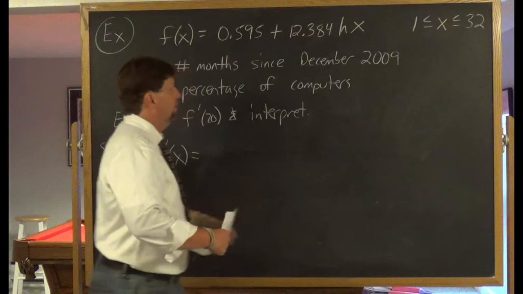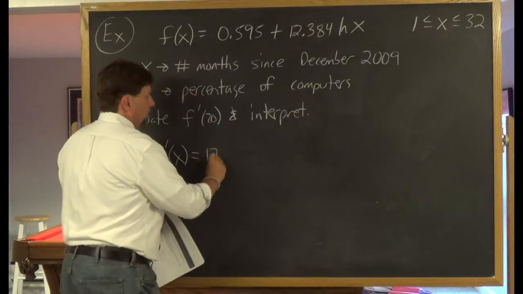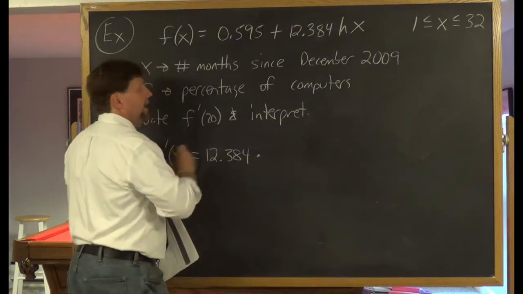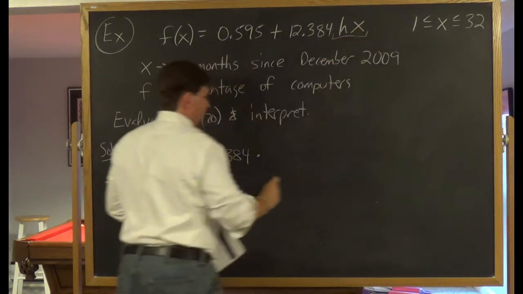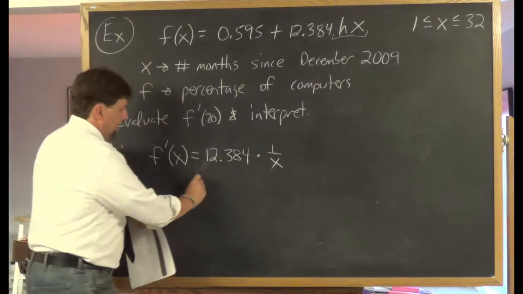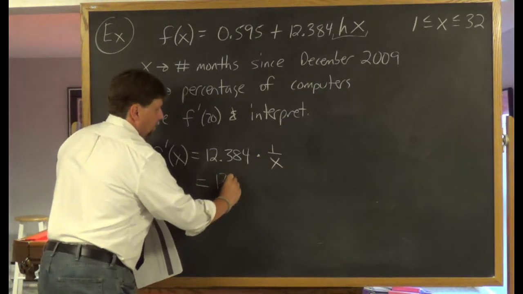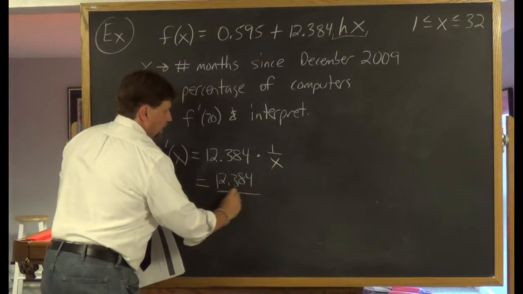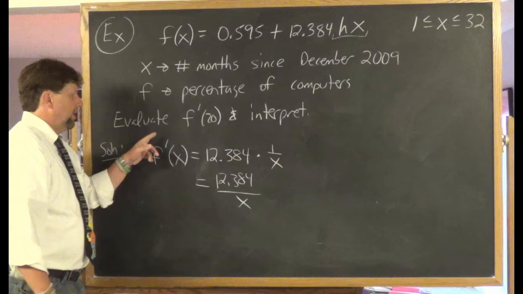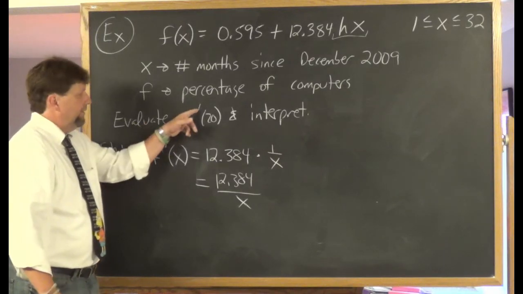So the derivative would just be 12.384 times the derivative of ln x, which is 1 over x. And yes, I could clean this up to 12.384 over x.